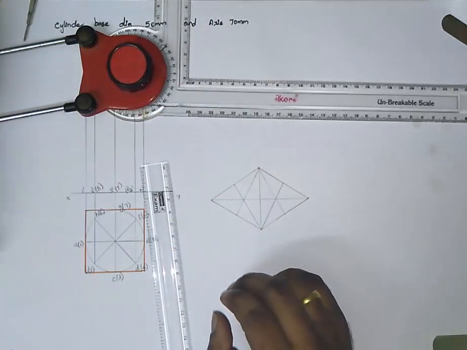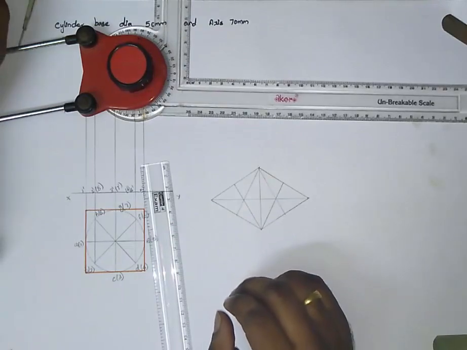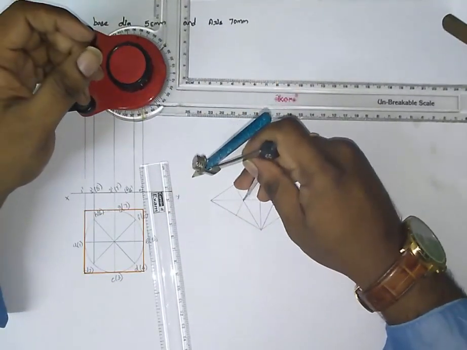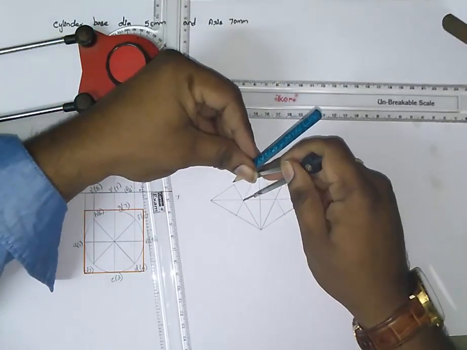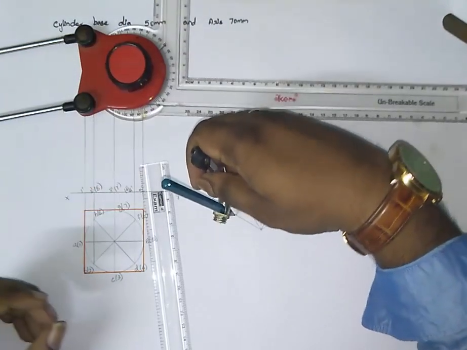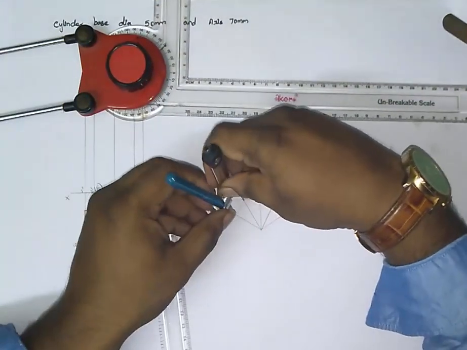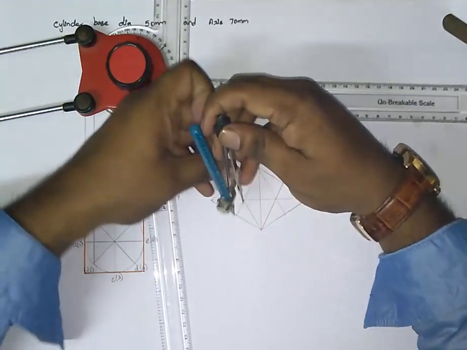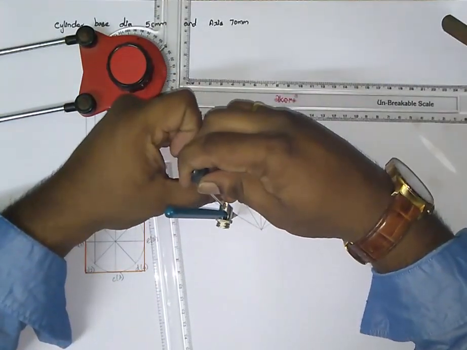Now to transfer this circle, take this point as the center point and this as the radius. Now draw an arc like this.